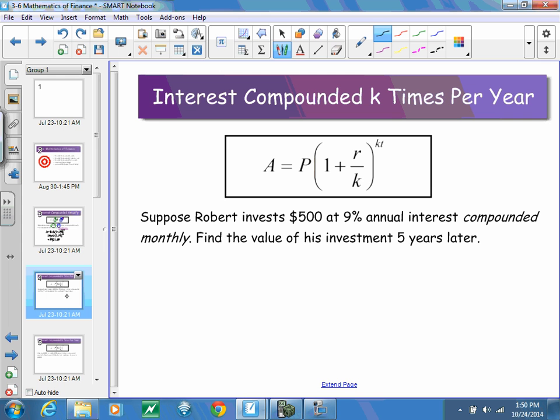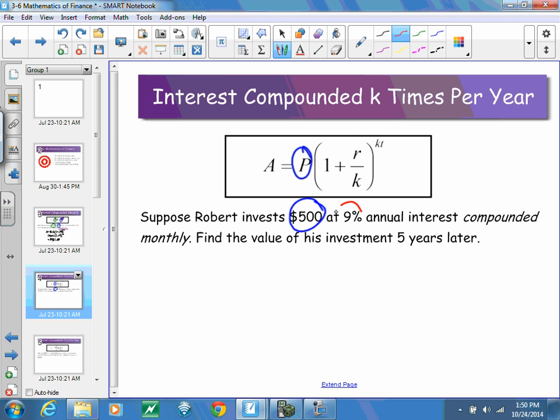Now we can also have interest that is being broken up and applied throughout the course of a year. So what's happening here is we're taking 9% annual interest, so 9% overall, but it's going to be compounded monthly. So we're going to be breaking this 9% up and taking a portion of it each and every month. And so here we use a different formula where we're taking again the principal amount, how much money you're starting with.